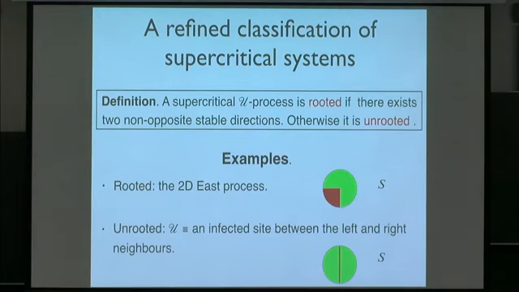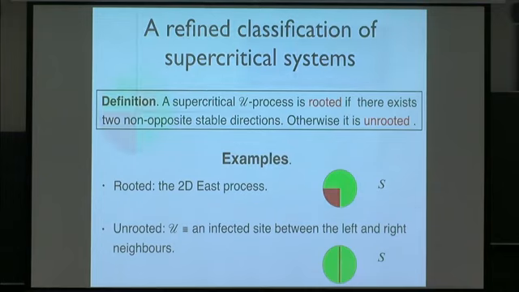So, for example, the East process is rooted because we have many non-opposite stable directions. An unrooted model, for example, is one where you need an infected vertex either to the left or to the right of you horizontally. So this has just two opposite stable directions.